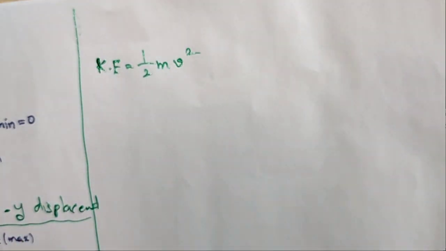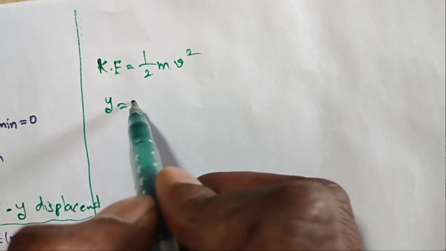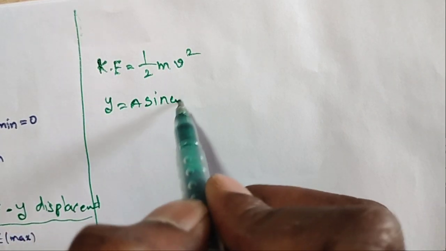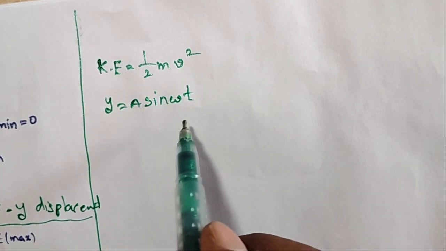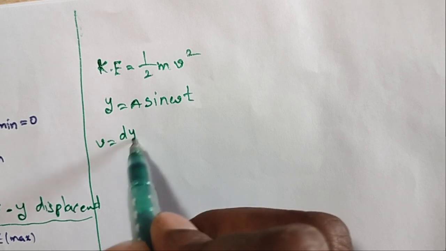Another equation of the kinetic energy: kinetic energy is equal to 1 by 2 mv square. I am taking the displacement equation, y is equal to a sine omega t. So velocity is equal to dy by dt.